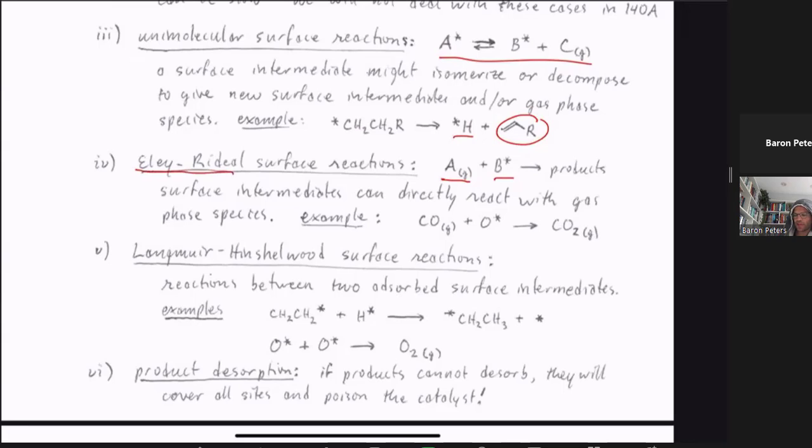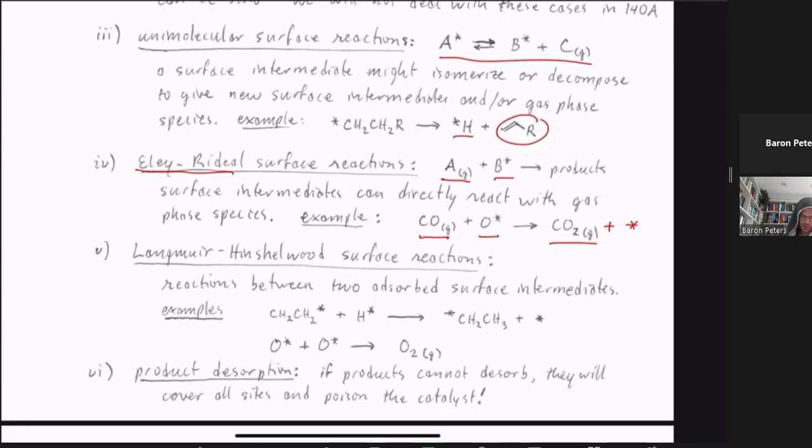And an example of that would be oxygen atoms on the surface, oxygen adsorbates on the surface, reacting directly with CO molecules from the gas phase to liberate a CO2 molecule in the gas phase. And I should balance this equation to be careful here. What we are left with is a free surface site.